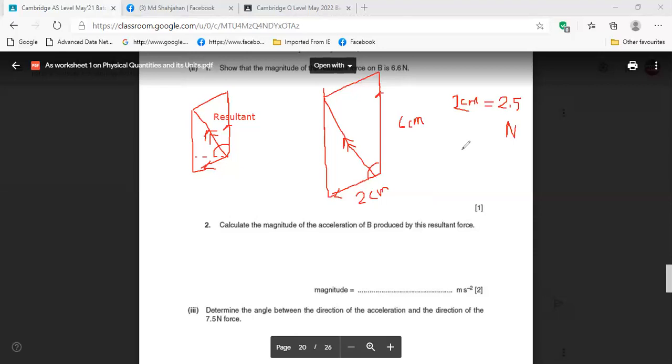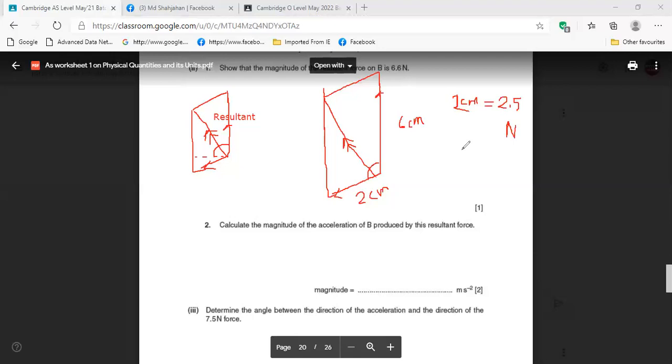Then calculate the magnitude of the acceleration of B produced by the resultant force. So your resultant force is 6.6, right? And your mass is how much? Already you got 750 gram.